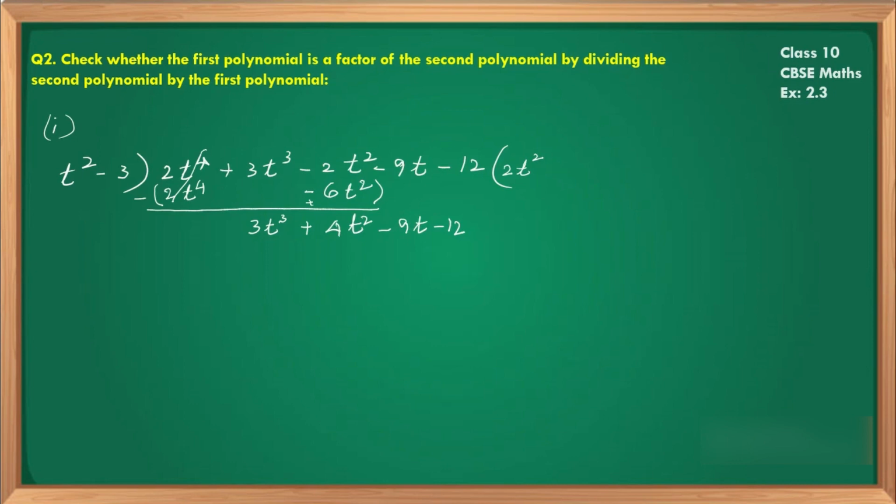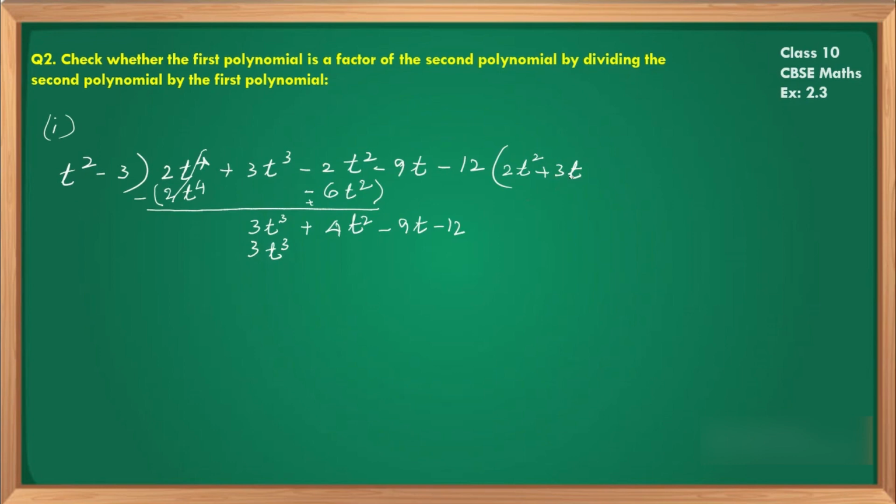Now the second stage of division. Here you have 3t cube. In this divisor you have t square. You have to multiply with plus 3t. T and t square gives you 3t cube. 3t cube.